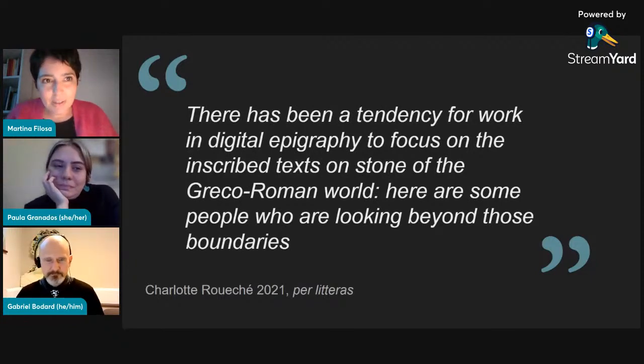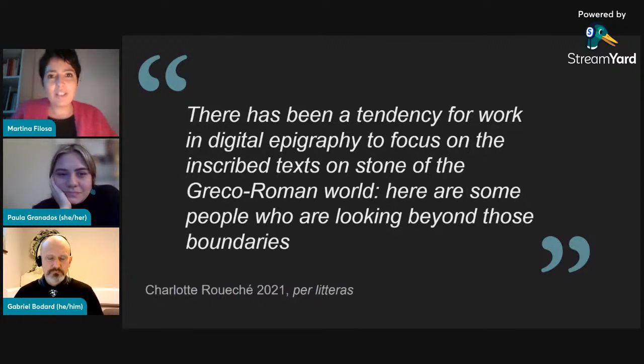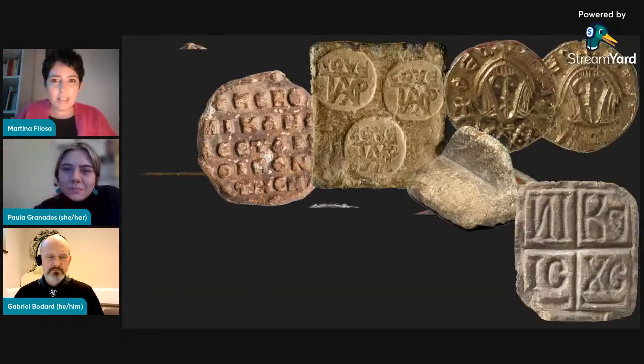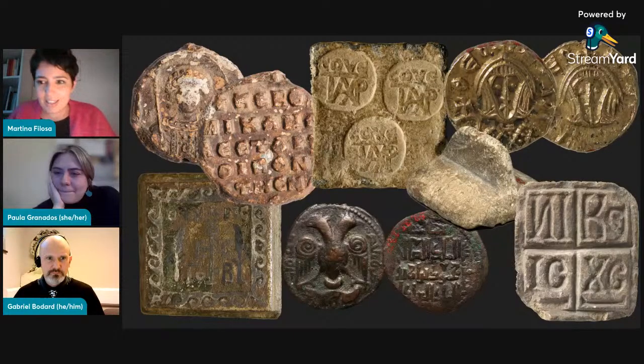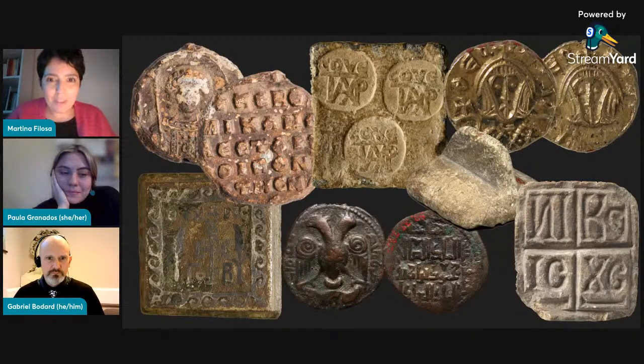And now there's a very strong trend within the EpiDoc community to look beyond these boundaries. What we are going to see today are a lot of inscribed objects, as you can see. And since I am a Byzantinist and a sigillographer by training, we will linger a bit on these objects.